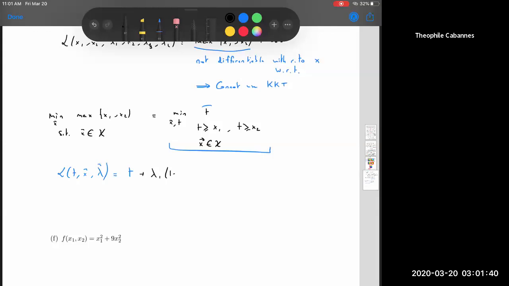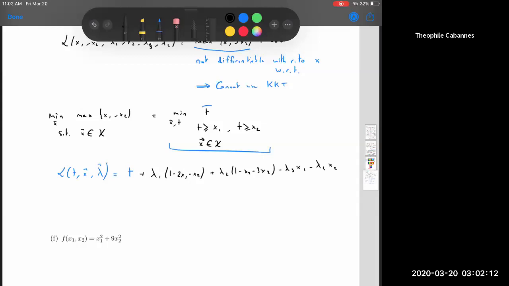So lambda 1 times (minus 2x1 minus x2) plus lambda 2 times (1 minus x1 minus 3x2) minus lambda 3 x1 minus lambda 4 x2.